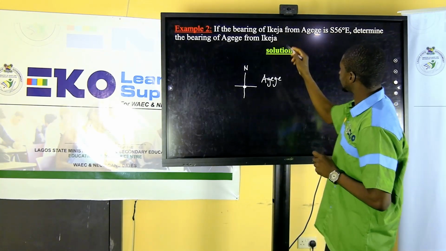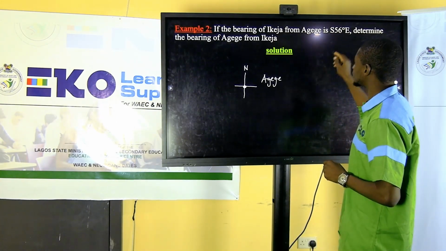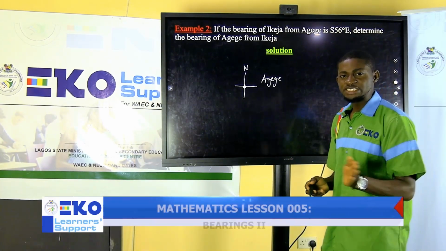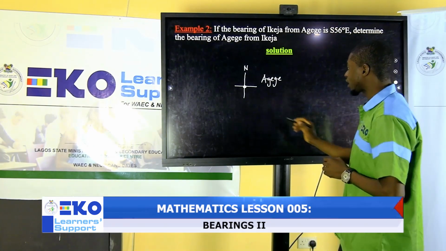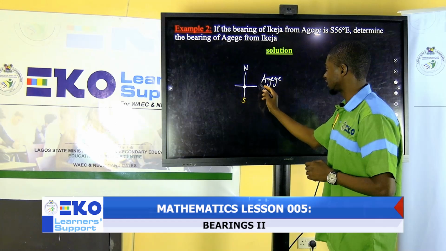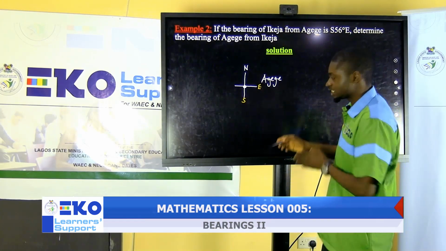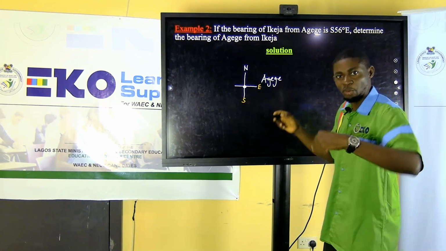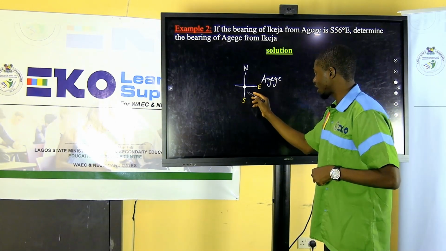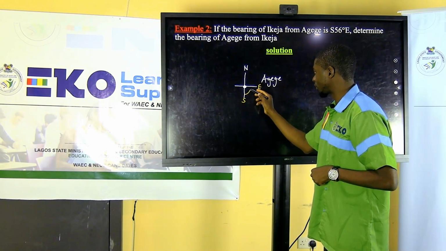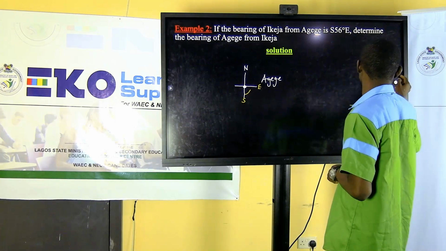The bearing of Ikeja from Agege is south 56 degrees east. Since it is southeast, this is our south, this is our east. So southeast, you read 56 degrees from the south, compass bearing from the south. So south 56 degrees will probably be somewhere here, right?